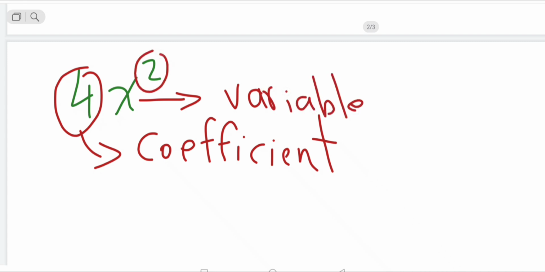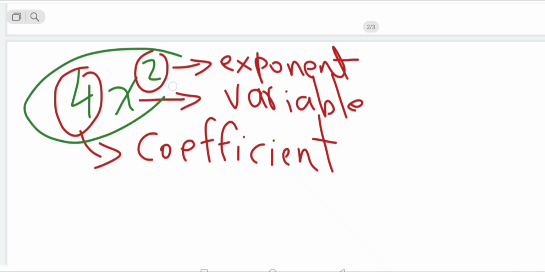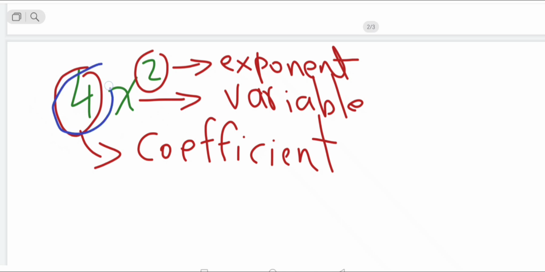And on the top of the x, which is the power, we say exponent. Understand? So one term has three parts. Something multiplying is called coefficient. Something that is a power is the exponent, and the letter is called the variable.